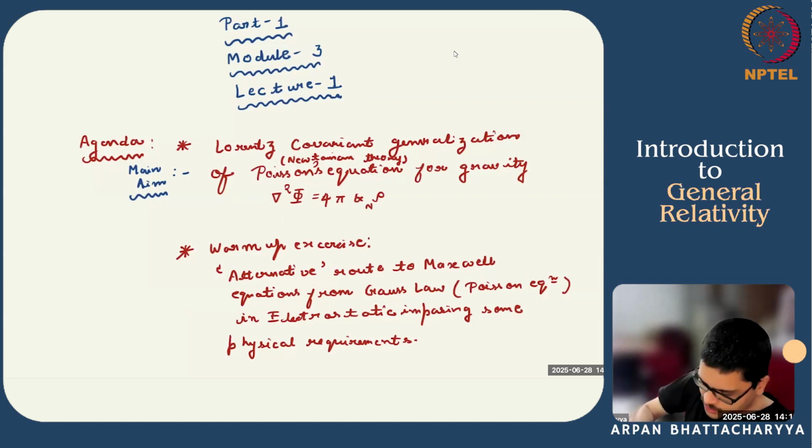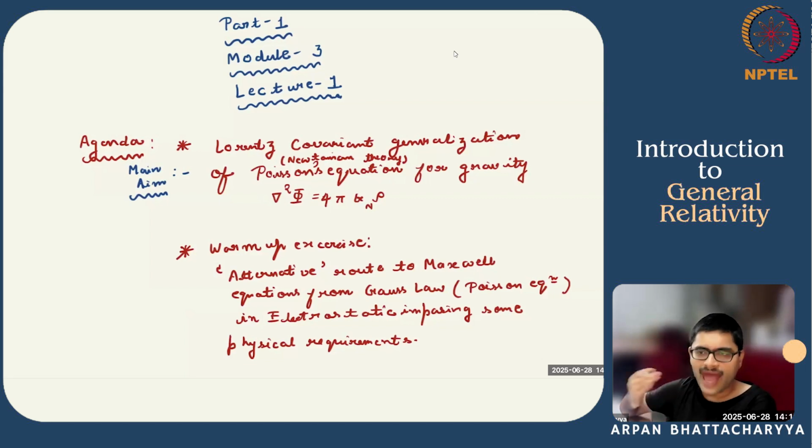So we will start from this equation and impose some physical condition or restriction and try to get a tensor rank equation which will be explicitly Lorentz covariant, and see what the implications of that are. Before doing that, as a warm-up exercise, let's start with the Poisson equation that appears in the context of electrostatics.